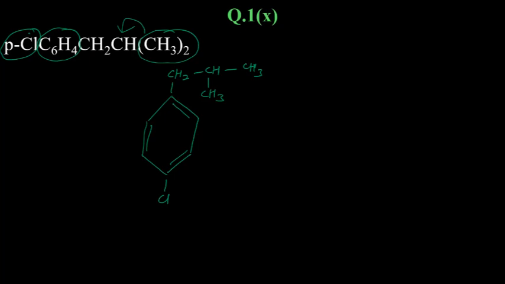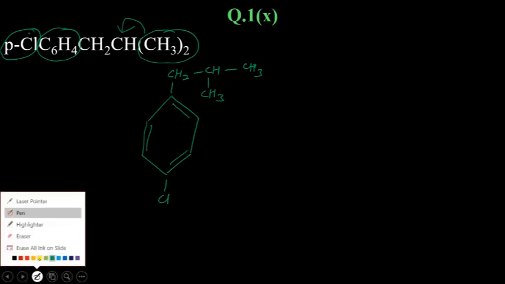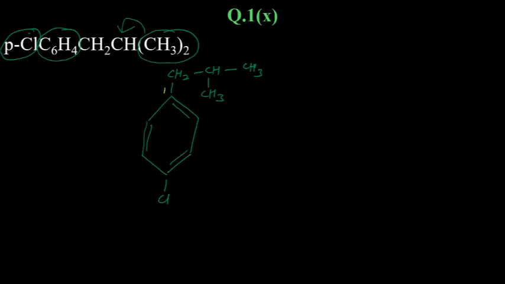Okay. Now, how will you number it? The numbering in this case will start in such a way, either numbering can start from here or numbering can start from here. And pay attention, those who are sitting lethargically, just pay attention. So both are eligible, both carbons are eligible to be number one. But chloro comes before methyl group.